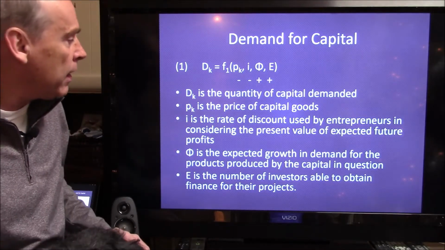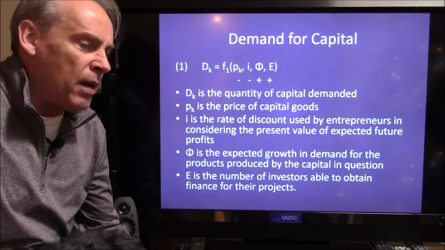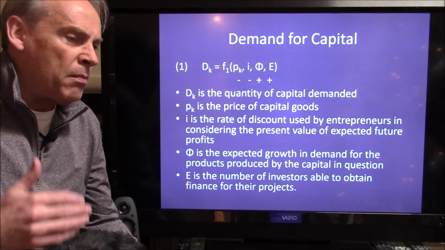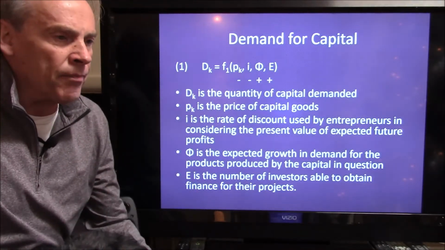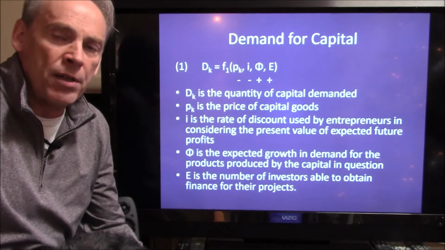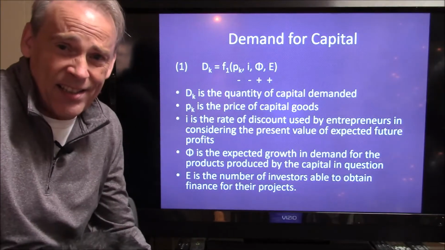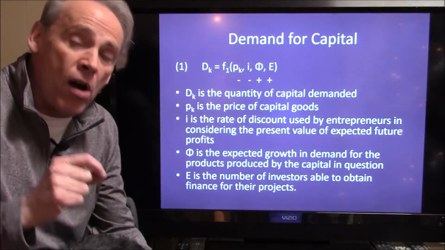I is a rate of discount. It's a little bit like the interest rate, but he describes it this way. That is how much people discount future earnings. If I said to you, do you want $5 today or $5 a week from now? You're going to say today, because I'd rather have it right now. If I said, do you want $5 today or $100 a week from now?